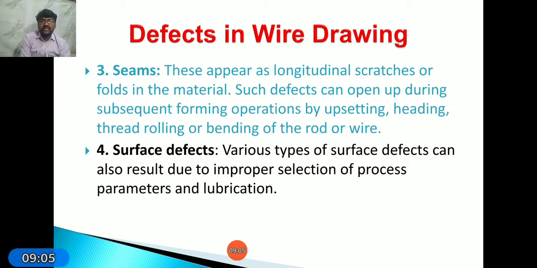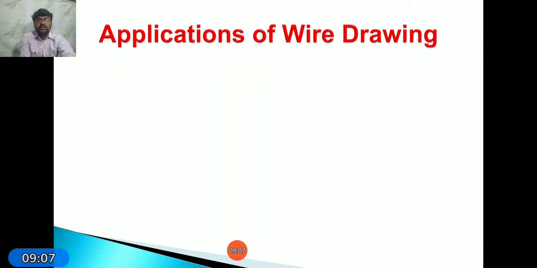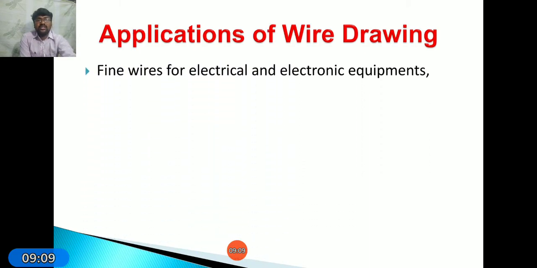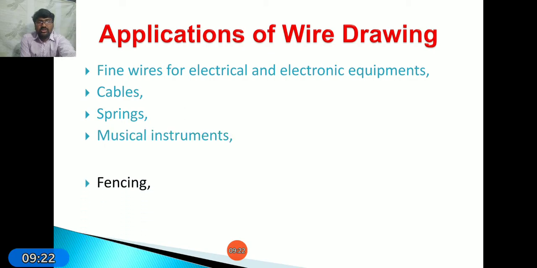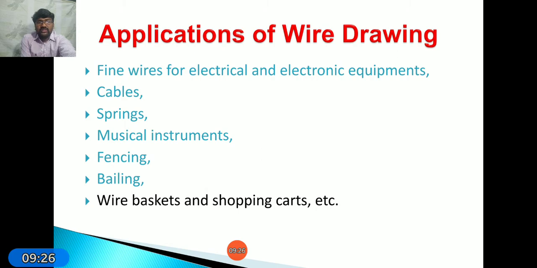Next, coming to applications of wire drawing, it is mainly used for drawing fine wires for electrical and electronic components, cables, springs, musical instruments, fencing, baling wire, wire baskets, shopping carts, etc. These are the different applications of the wire drawing process.